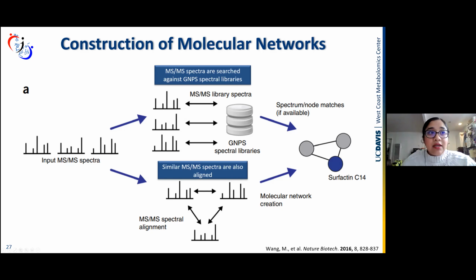Because these nodes, that's the terminology in a network, the dots are called nodes, which are representative of your metabolites as well as your MSMS data. They're connected to this known compound. You can assume that there's some similarities between this unknown and this known compound there. Okay, so moving on.